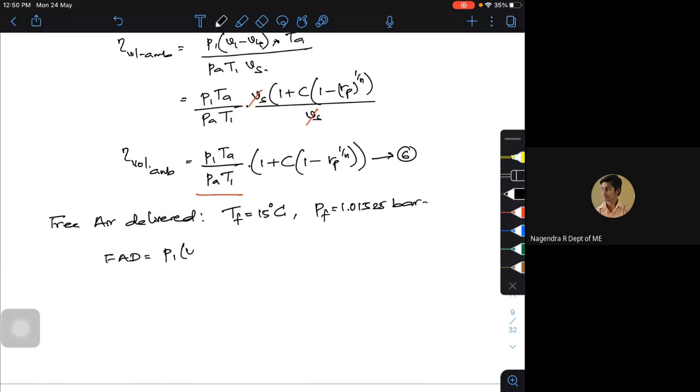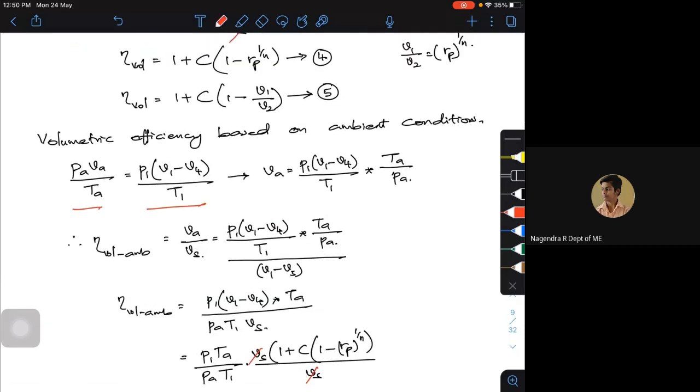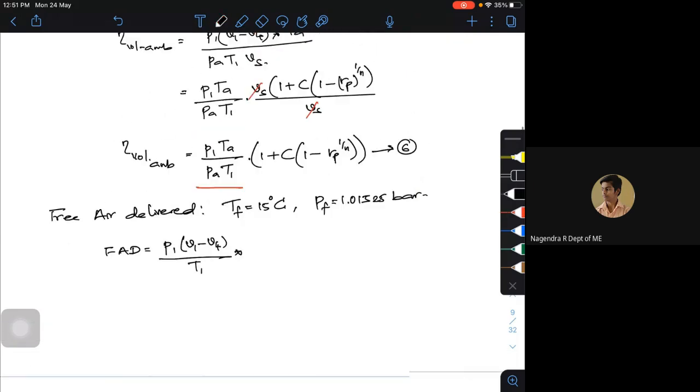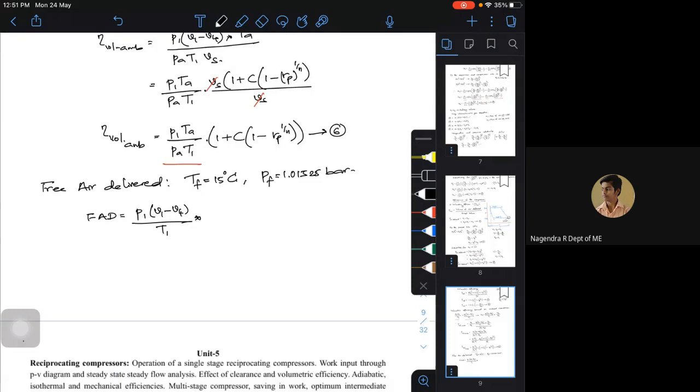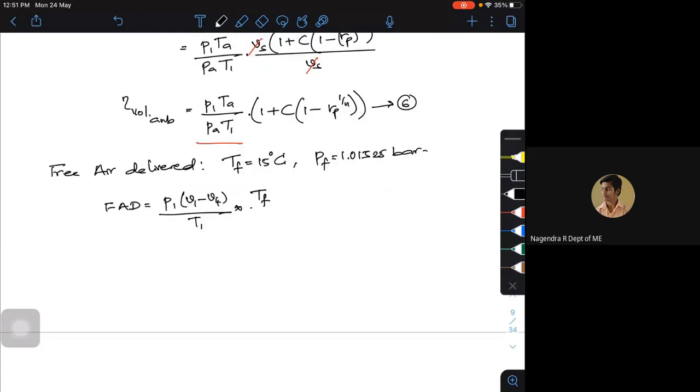This will be V1 minus V4 divided by T1. Wherever you have TA, I'll replace it with TF, and PA with PF, the free air condition. So the expression will be TF by PF, and this is called the free air delivered condition.